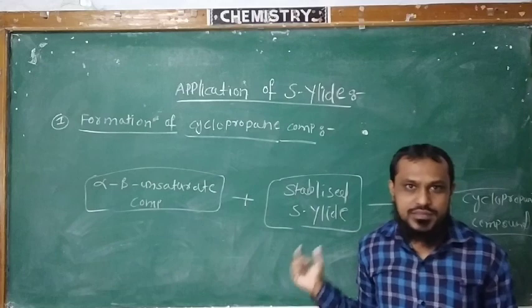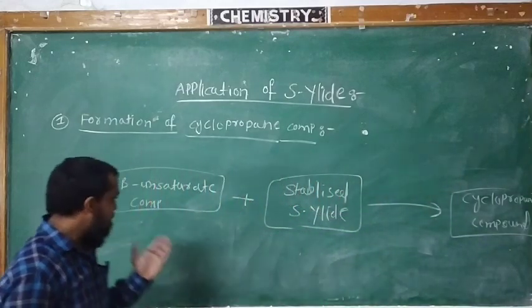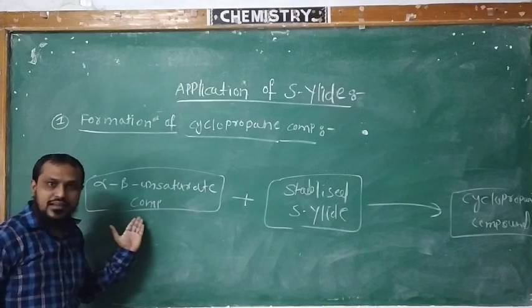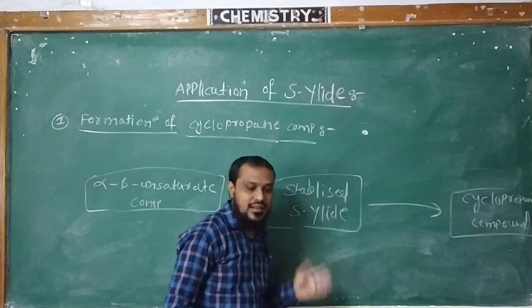This is the general representation of formation of cyclopropane compound. Now the first substrate is the alpha beta unsaturated compound and the second substrate is the stabilized sulfur ylide.